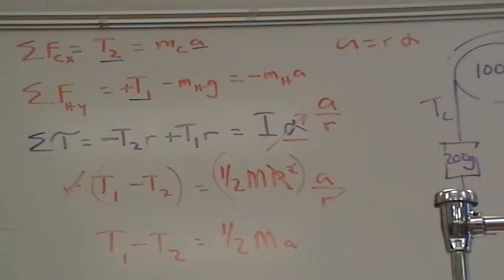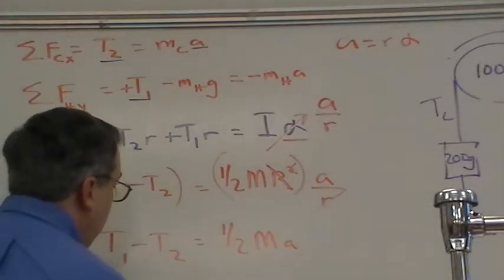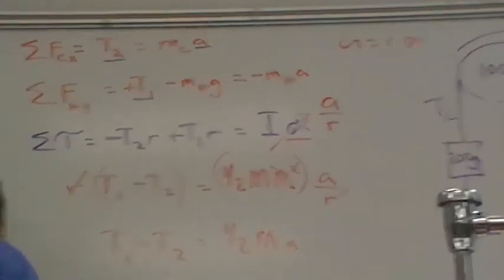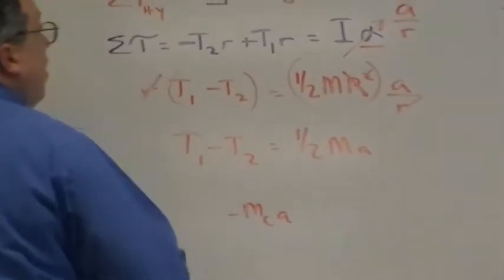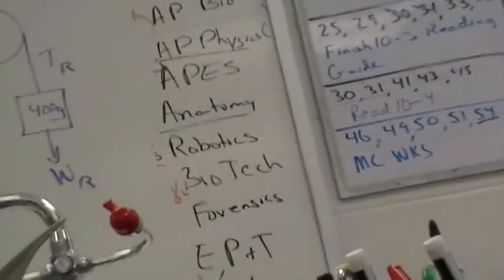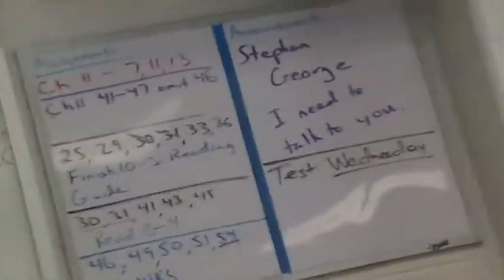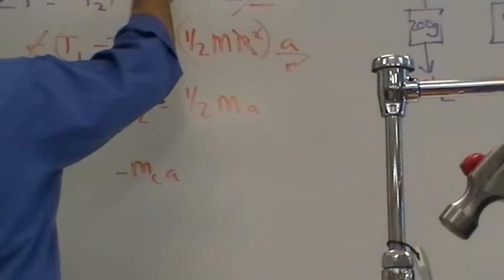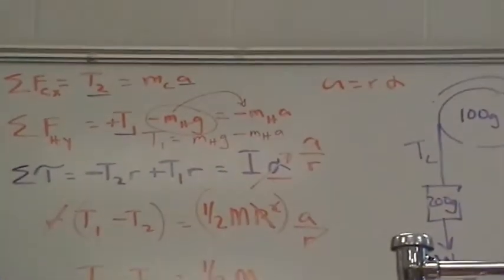Now, if we look up here, we can see what T2 equals. T2 is simply MCA. And if we look at the next equation, we could write an expression for T1. T1 is MHG minus MHA. Isn't it negative? No, I bring this over to the other side of the equal sign because positive.